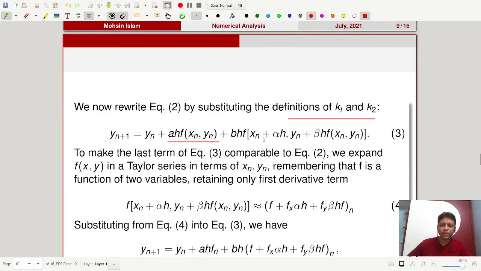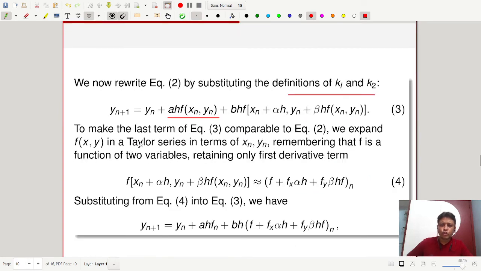And to make the last term of equation 3 comparable to equation 2, we expand f(x,y) in Taylor series in terms of xn and yn, remembering that f is a function of two variables, retaining only the first derivative term. So you have to expand up to the first derivative.